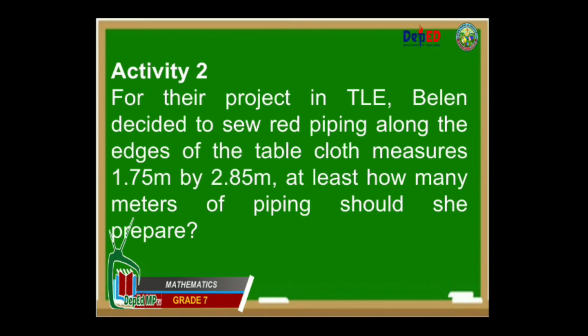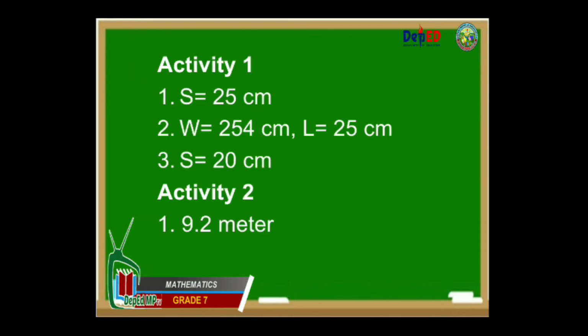Activity 2. For their project in TLA, Belen decided to sew red piping along the edges of the tablecloth. It measures 1.75 meter by 2.85 meter. At least how many meters of piping should she prepare? Here are the answers for activity 1 and 2.